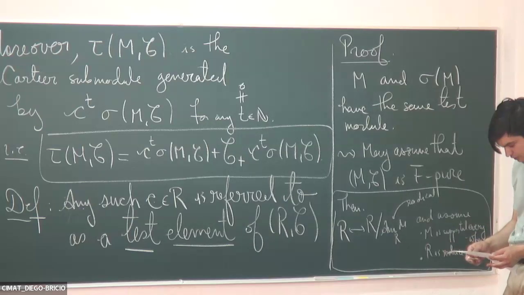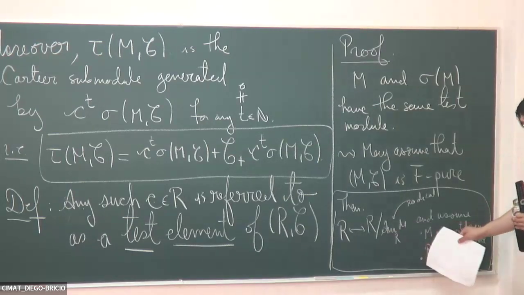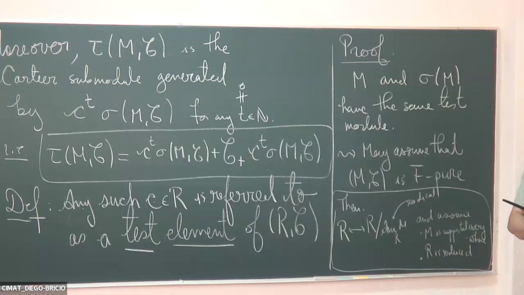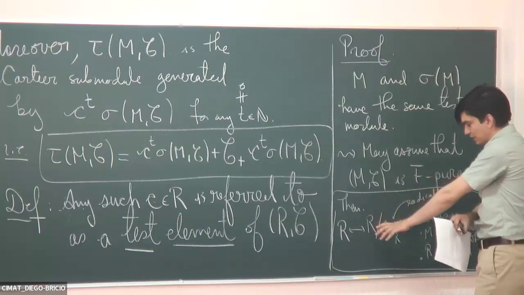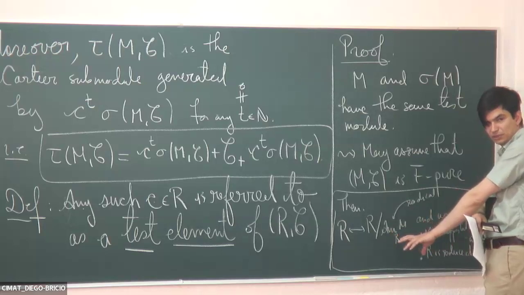Standard reduction. But if you remember, this reduction took us a while. Maybe we spent a lecture working out this reduction. This is the fact that the category restricts well across open subschemes and so on. You remember that part?